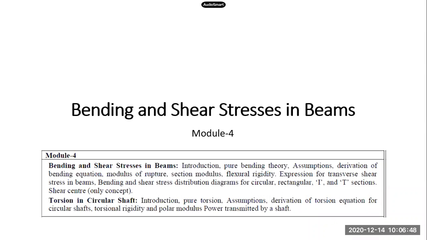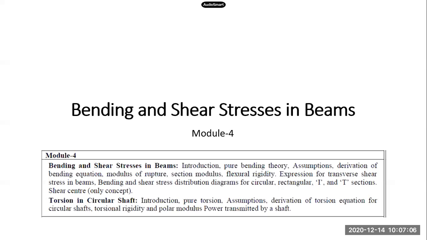Like these, whenever a beam is subjected to bending, or I can say bending moment, there are stresses which are set up in the beams. Also we have shearing stresses which are set up due to the shear force that the beam experiences.